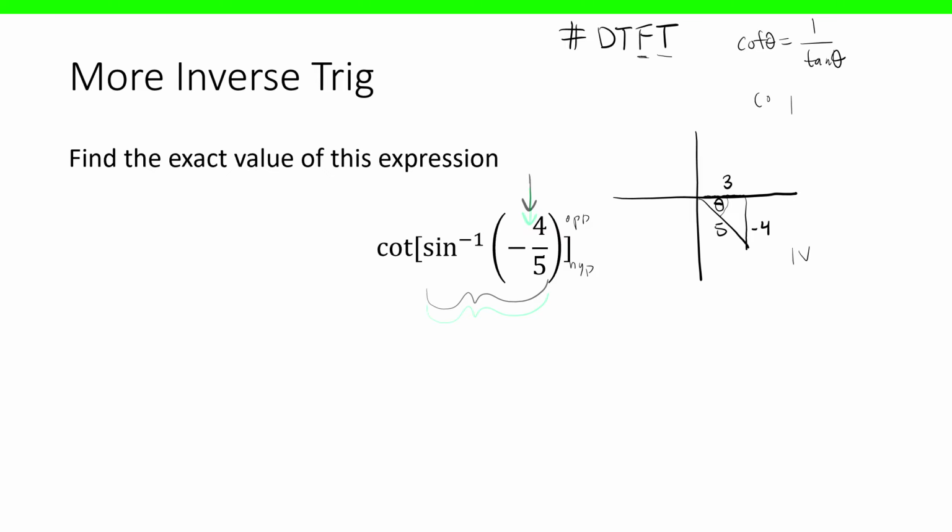Whereas tangent is opposite over adjacent, cotangent is adjacent over opposite, I'm sorry. So it's 3, the adjacent, divided by negative 4. So the answer to this one is negative 3/4. Okay, draw the triangle.